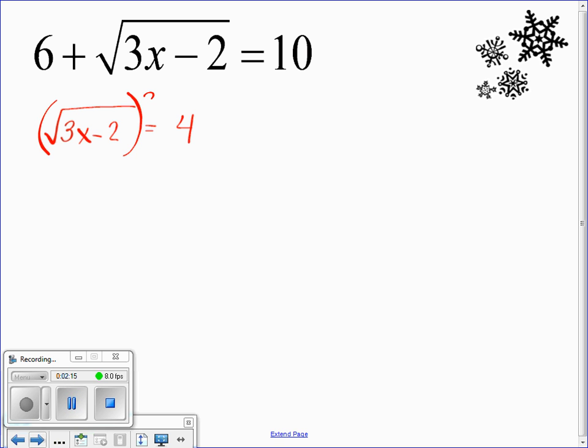If I square both sides, what happens on this side? The radical goes away. It's just 3x minus 2. 4 squared is 16. And then we just solve. So 3x equals 18, x equals 6.